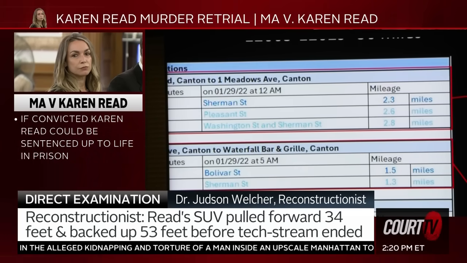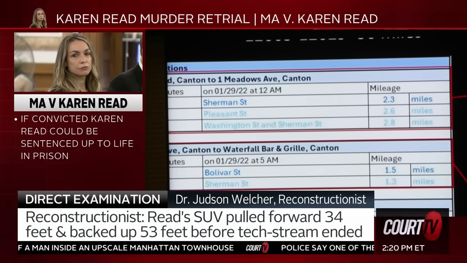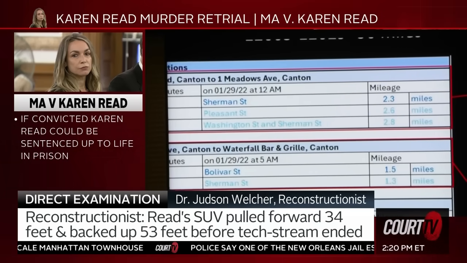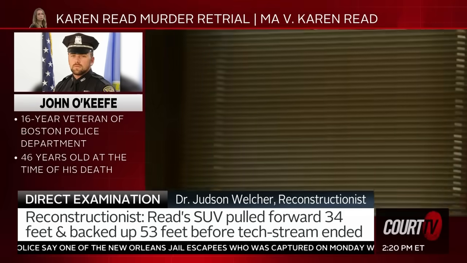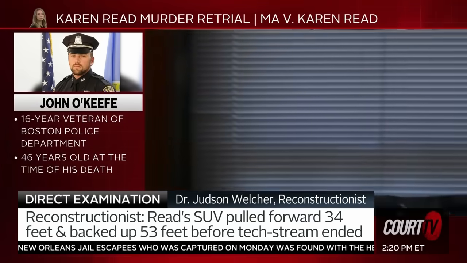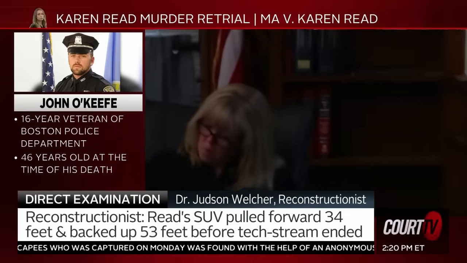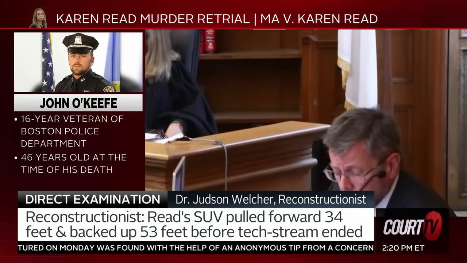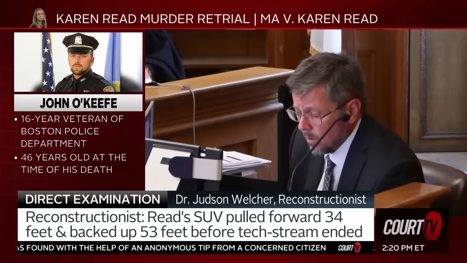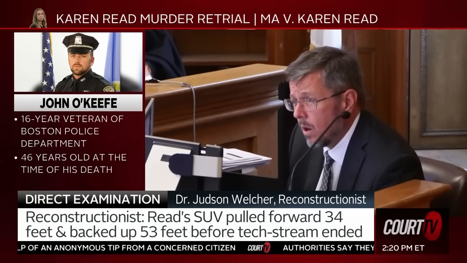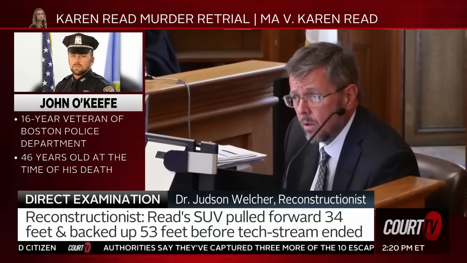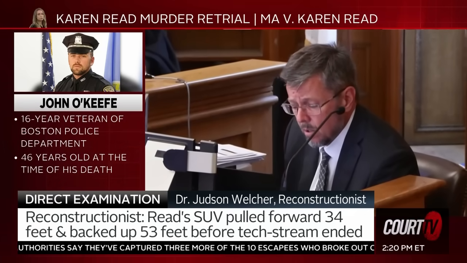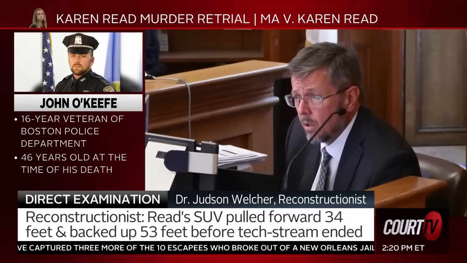So to go 2.3 miles in 4 minutes and 15 seconds, you would need an average speed of 32.47 miles an hour. What if you took the longest route, 2.8 miles, and you considered 2.8 miles in 4 minutes and 15 seconds? Did you make a determination? I did. Could you share that with the jury? It's 39.5 miles per hour. Is that what the average speed of the Lexus would need to be to travel that distance in that time? Correct.